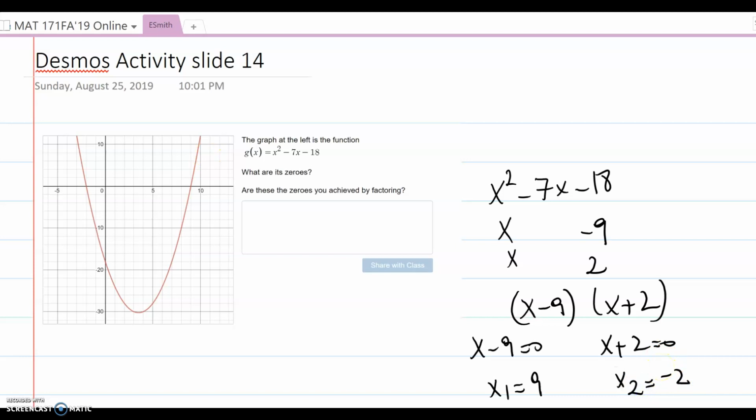So this is what we're having here, right? This is 9 and that is -2. Just because we're seeing -9 here doesn't mean that the root will be -9. You need to make each binomial equal to 0 and solve it, and it will actually turn out to be the opposite sign. So that's the -2 there.